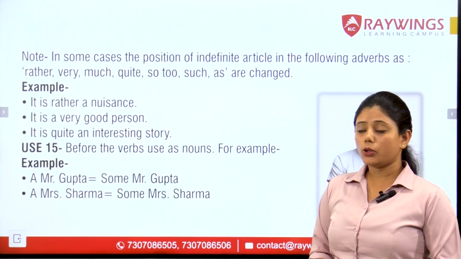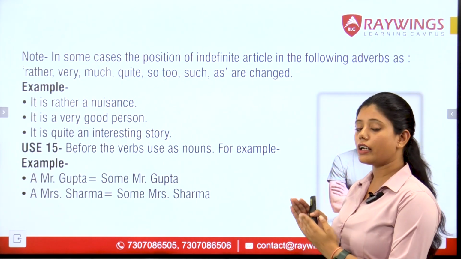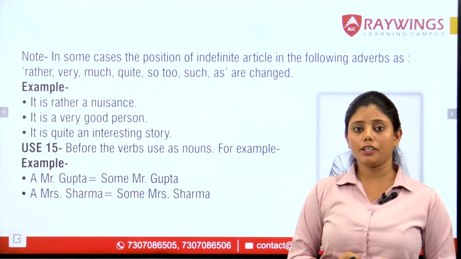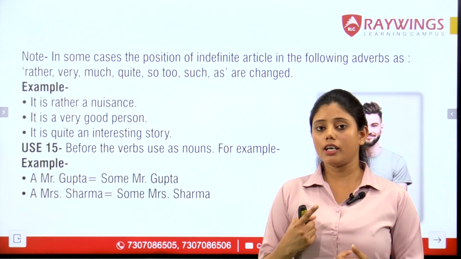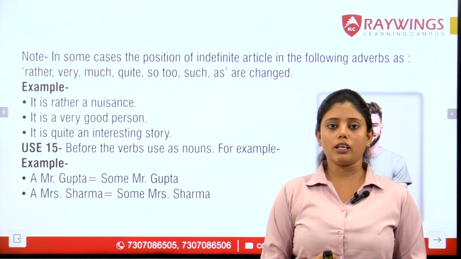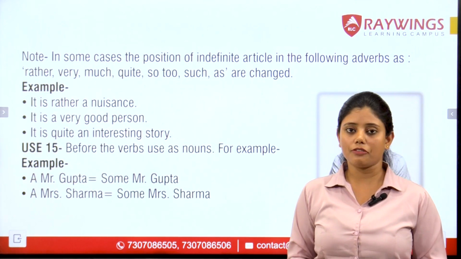Always remember there is a note that says, in some cases, this is regarding the position of articles. We have already studied earlier that we are going to use an article before a noun. If there is a combination of adjective or adverb, we will use articles before them. But there is an exception, because exceptions are everywhere, right?